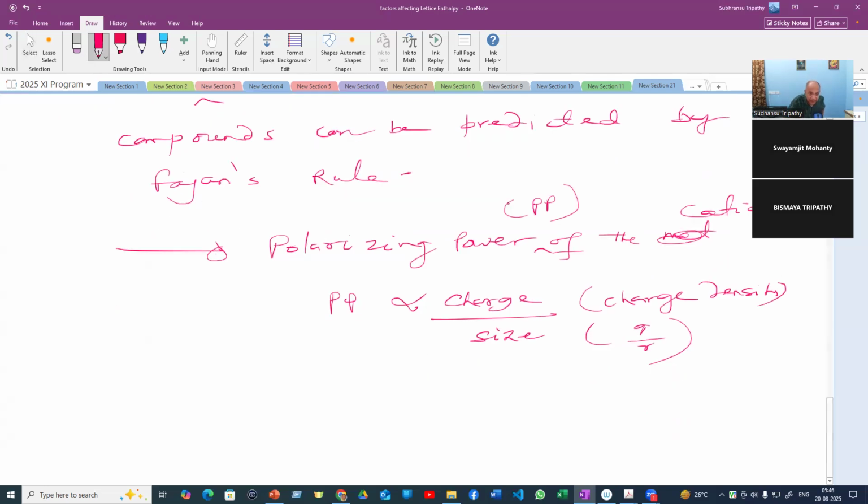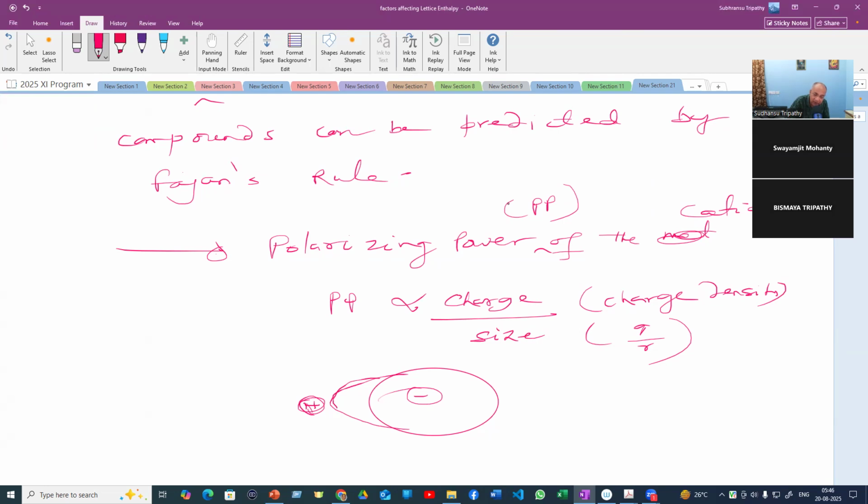So if the charge density is high, having +1 or +2 or +3 is high, then it can polarize the negative ion. It has the ability to attract the electron density of the anion, so that there will be some covalent character.